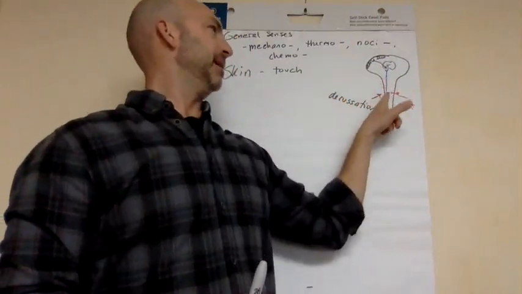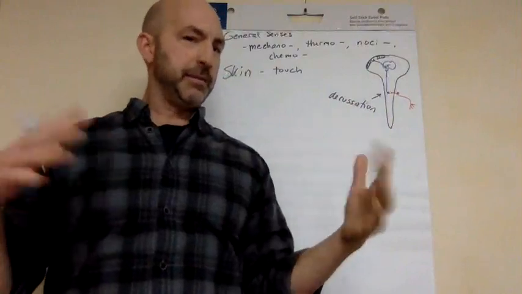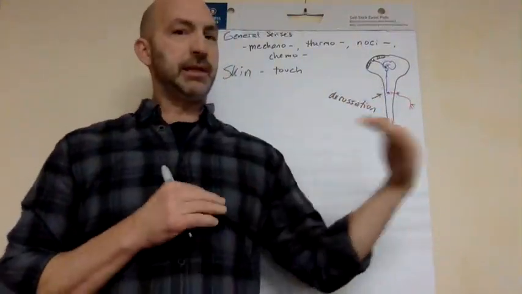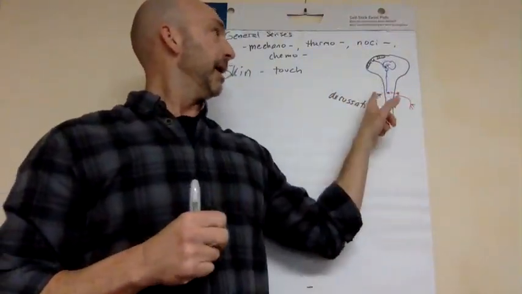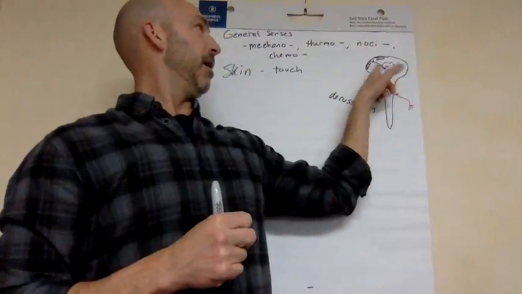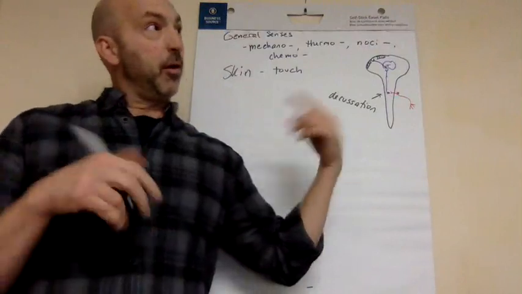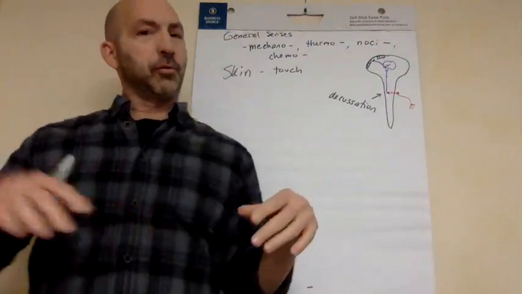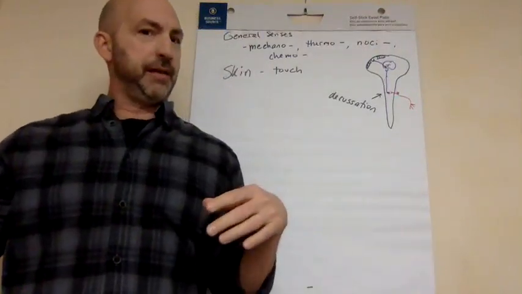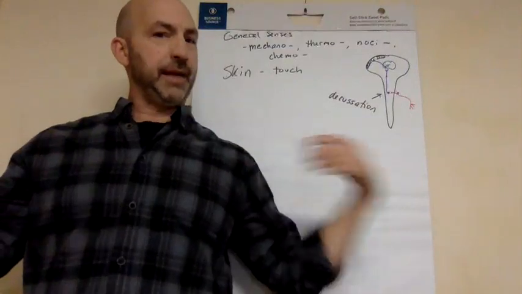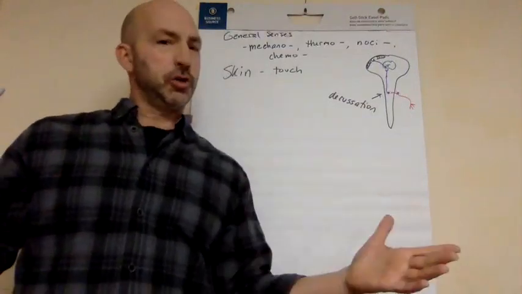Now, where this decussation occurs varies depending upon the type of input. But in this scenario, it's decussating in the spinal cord and then traveling up to the thalamus and then off to the sensory cortex. What that overall means is that the right side of your brain receives sensory information from the left side of your body, largely, right?